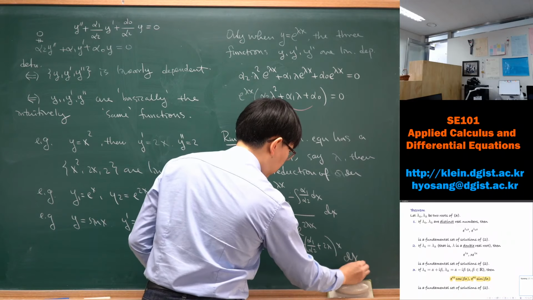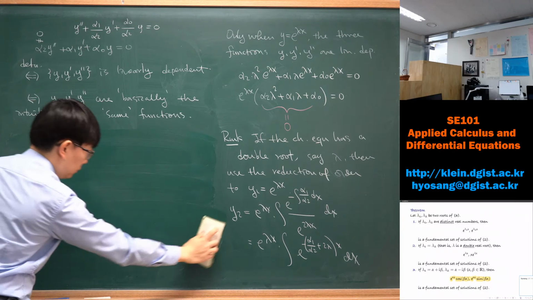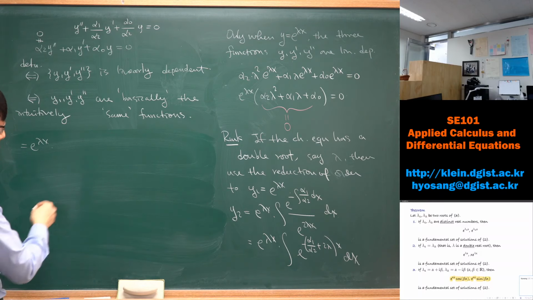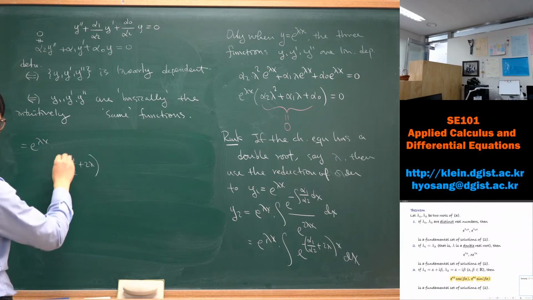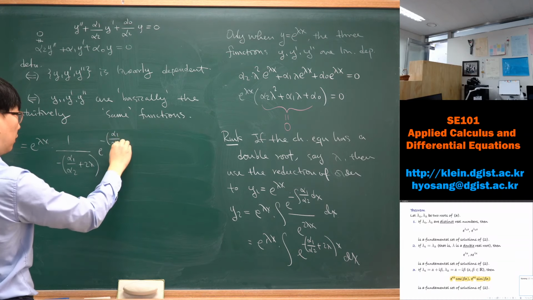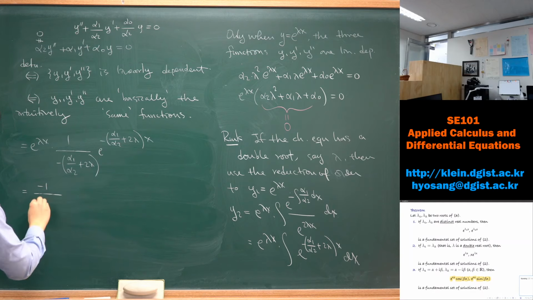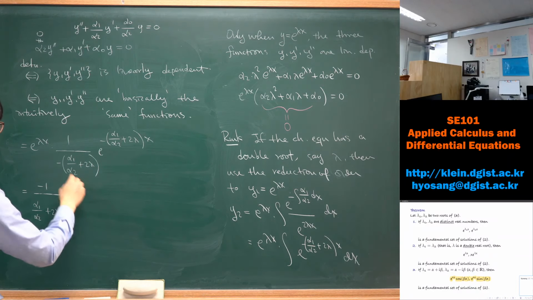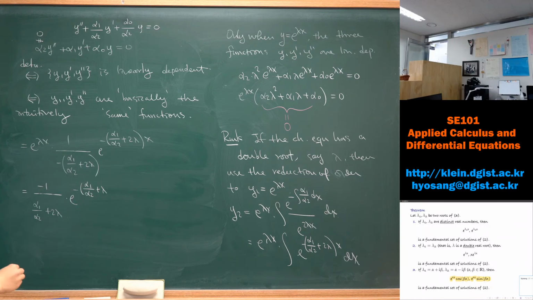And if I take the integral, we have e to the lambda x times 1 over minus alpha 1 over alpha 2 plus 2 lambda, times e to the minus alpha 1 over alpha 2 plus 2 lambda x. So we have plus lambda minus 2 lambda, so minus alpha 1 over alpha 2 plus lambda.